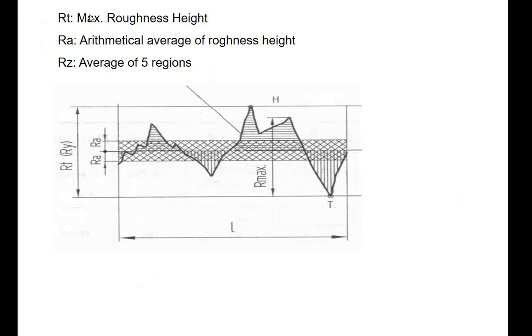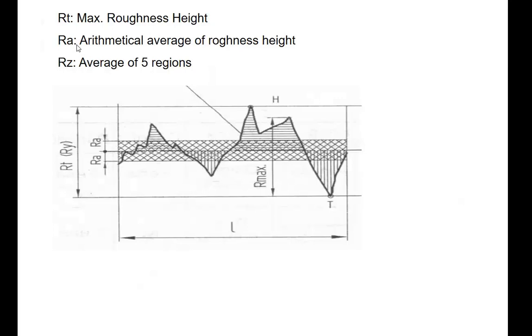If the roughness value is the arithmetical average of roughness height, then the number is preceded with this code, capital R, lowercase a, Ra.